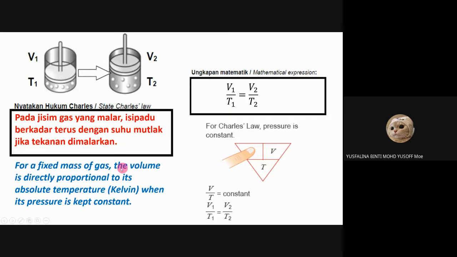So V is directly proportional to T. Okay, so that's for Charles' law. So this is the formula: V1 over T1 is equal to V2 over T2.